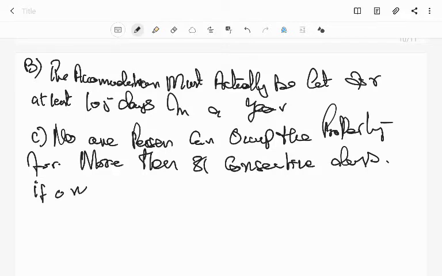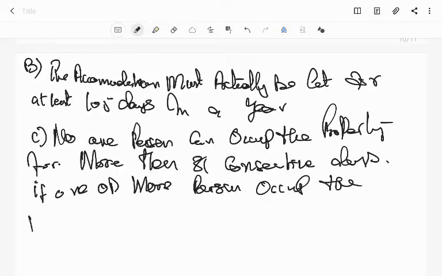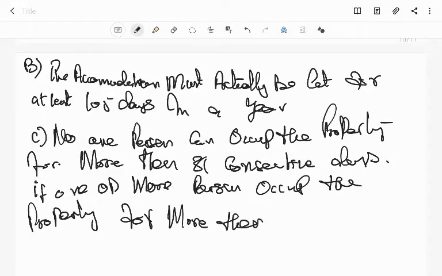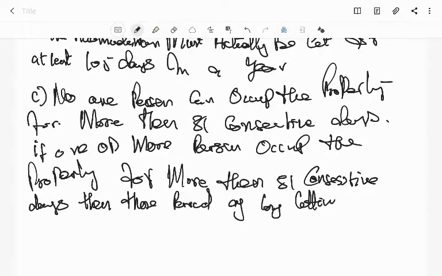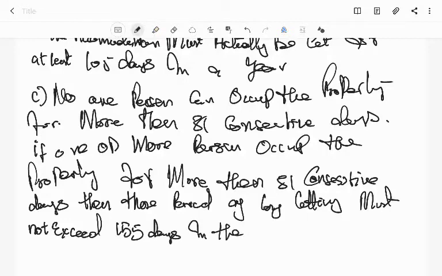If one or more persons occupy the property for more than 31 consecutive days, then this period of long letting must not exceed 155 days in the year.